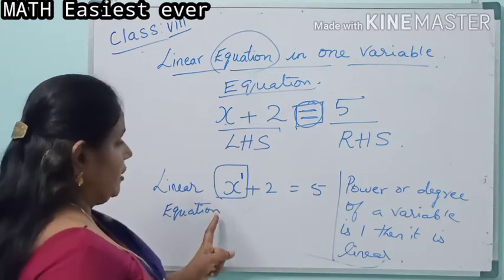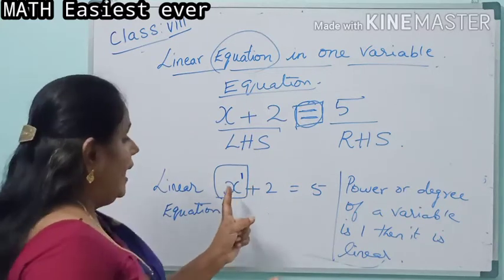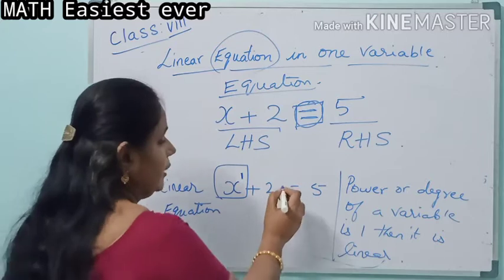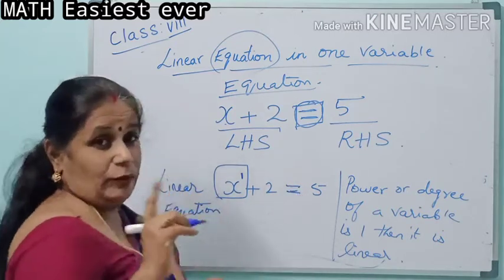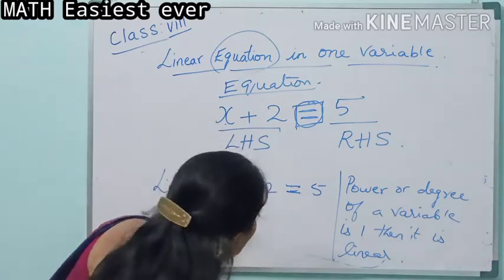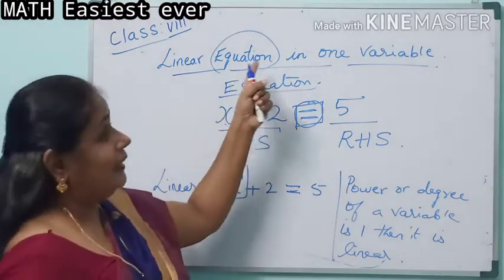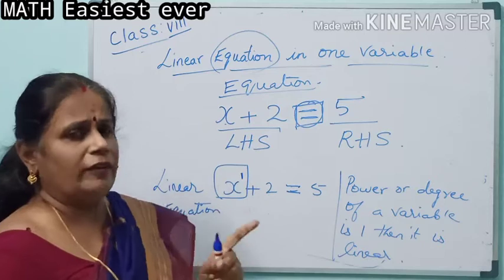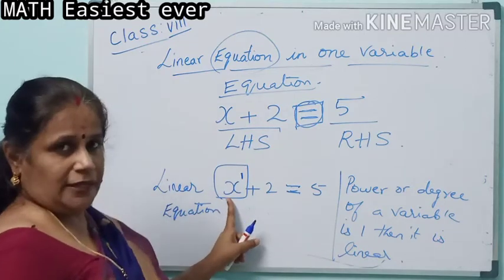So a linear equation has power or degree 1, and x plus 2 is equal to 5. The equation will have an equal to sign, a left hand side and a right hand side. Now the meaning of linear equation is clear. Then in one variable means you have only x here, isn't it?